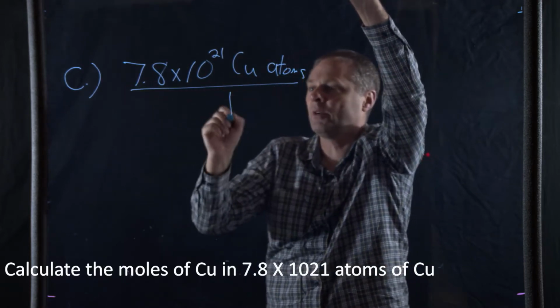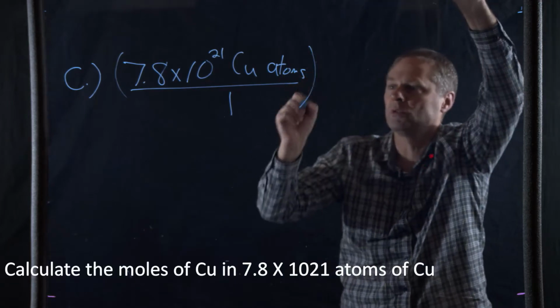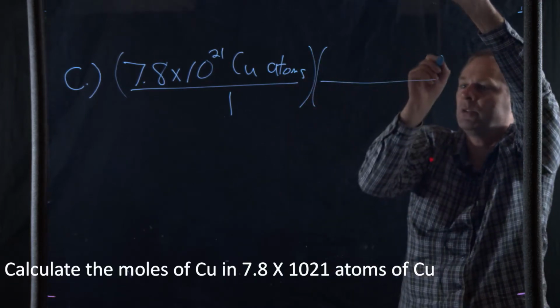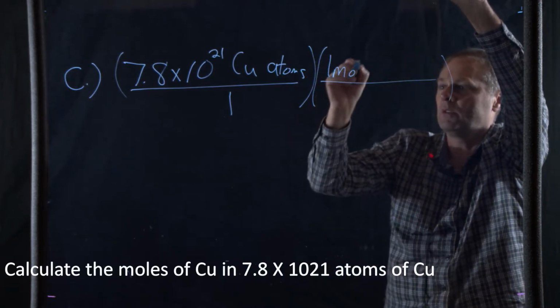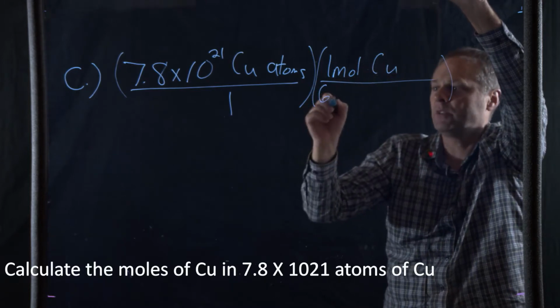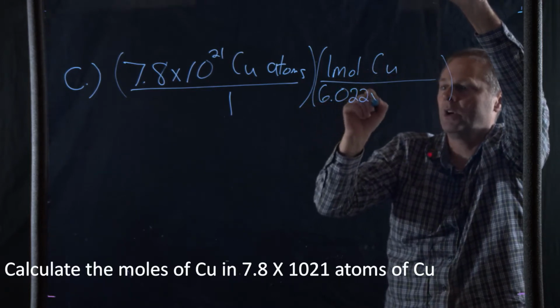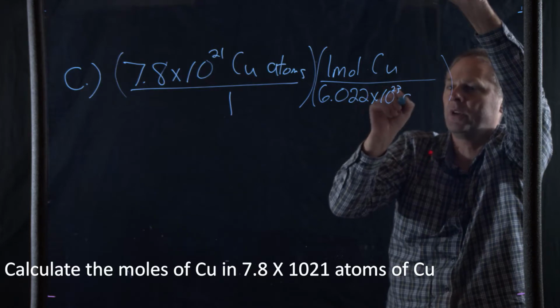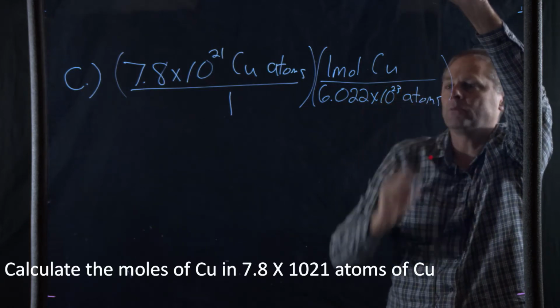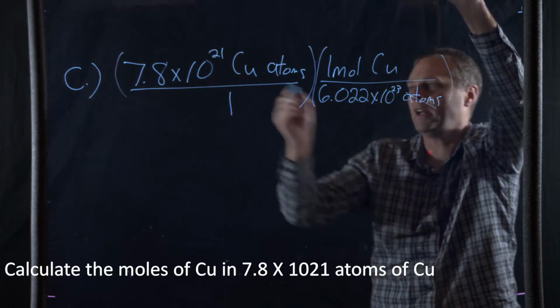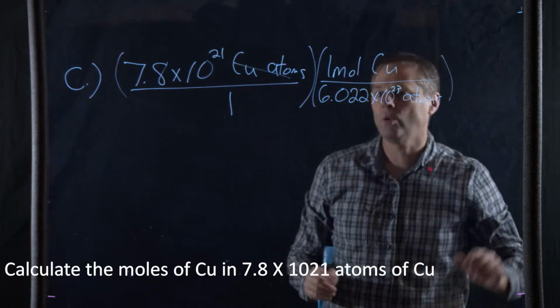We need to convert that into moles. We know that 1 mole of copper is equivalent to 6.022 times 10 to the 23rd atoms. Our atoms cancel, and we're left with moles of copper.